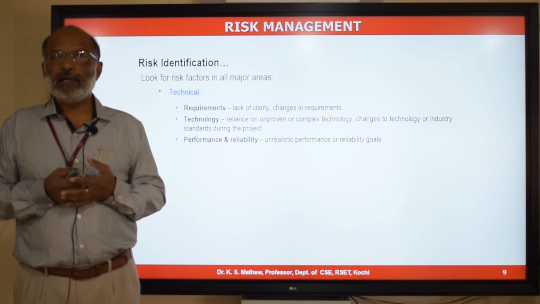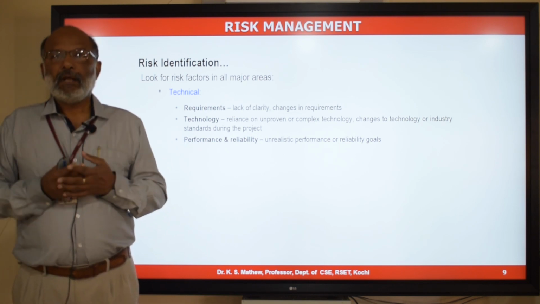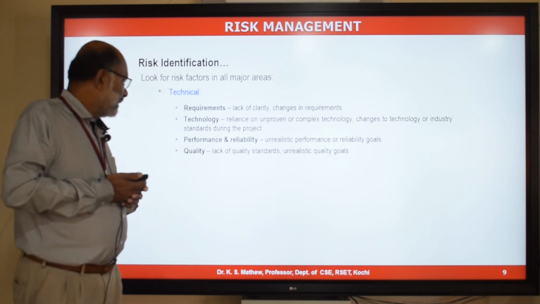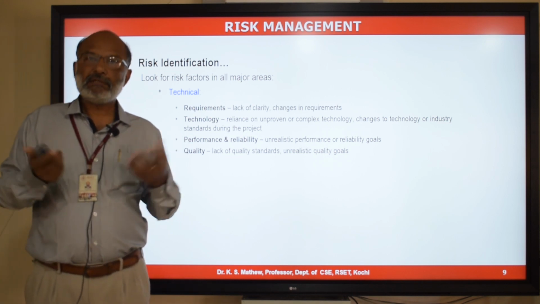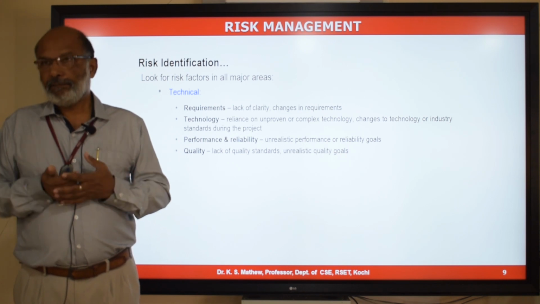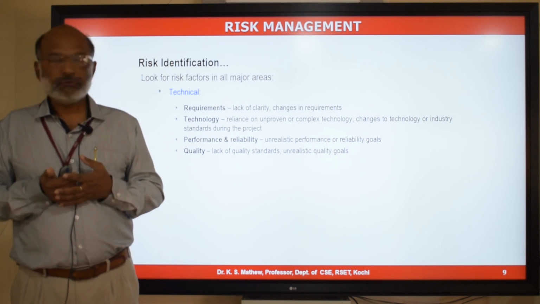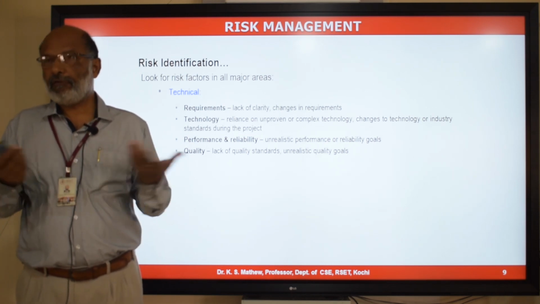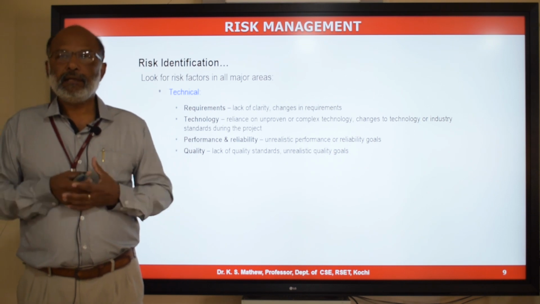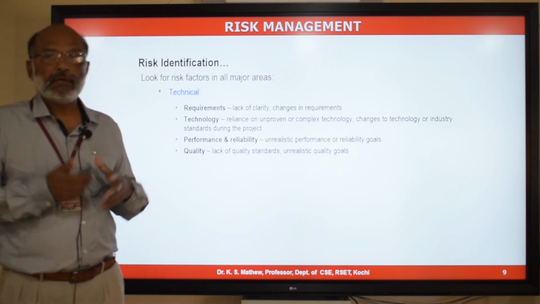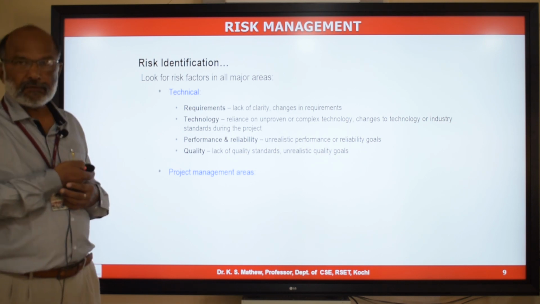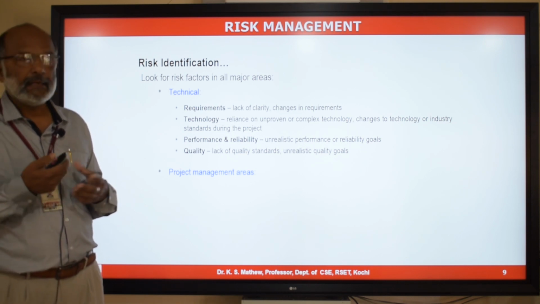Quality related risk: again, the quality requirements stated by the customer may not be practical. So there could be performance issues, there could be quality issues in terms of defect density. So you need to identify the risk related to quality requirements stated by the customer and the top management. These are the various subcategories of risk coming under the major category called technical risk.